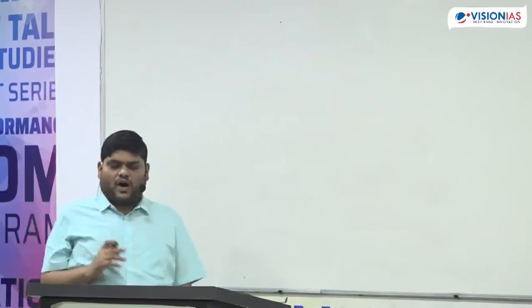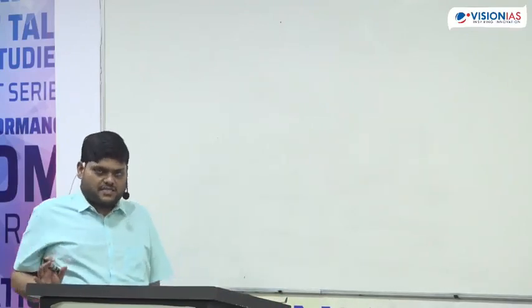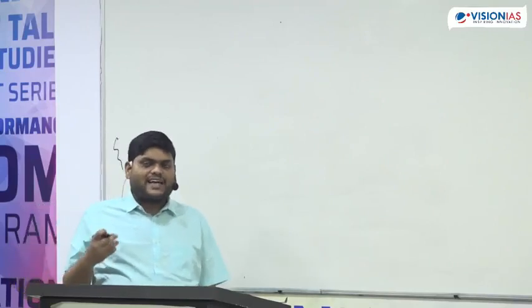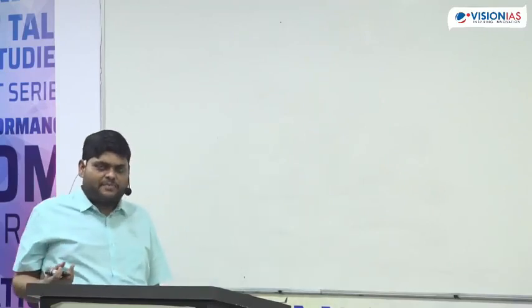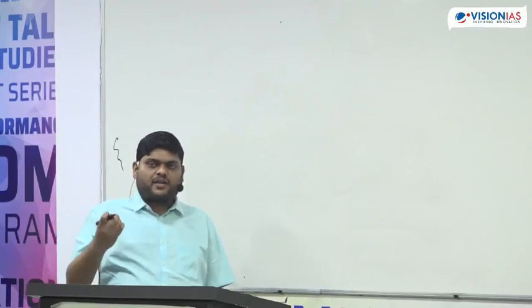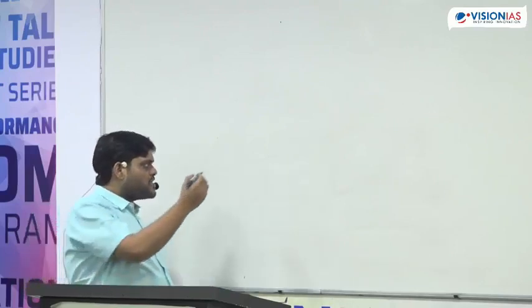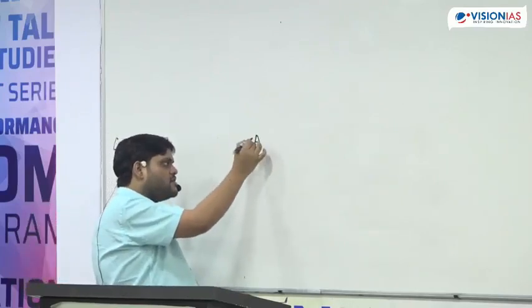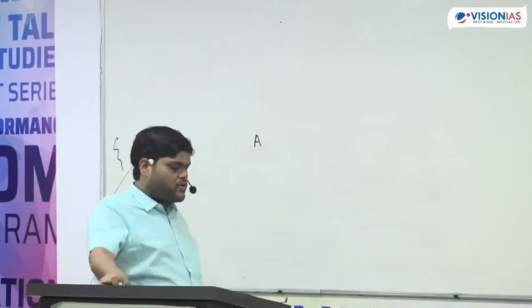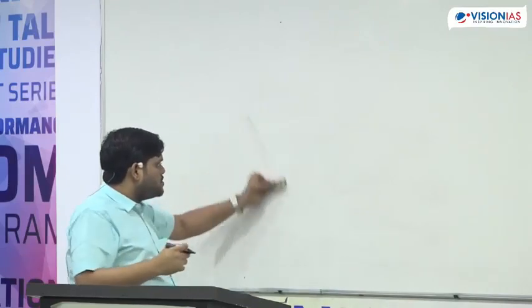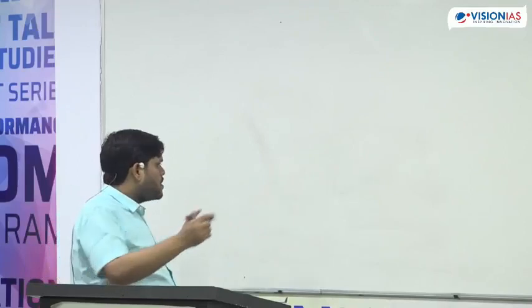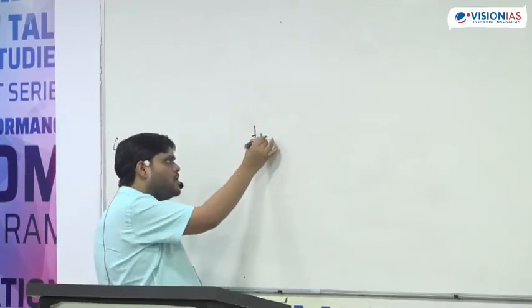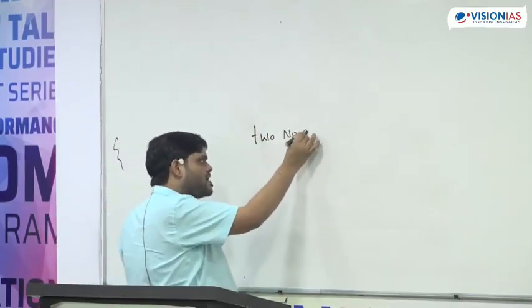Now this is the one type of question which we have discussed. Now suppose another statement, some statement I am taking that will help you to interpret the question. Let me take one question.